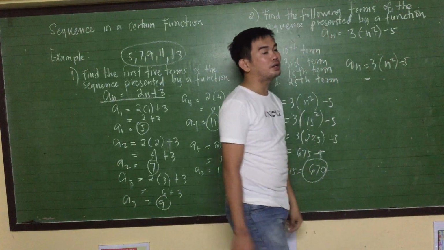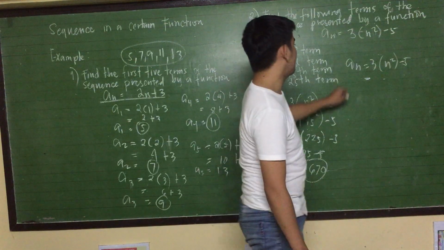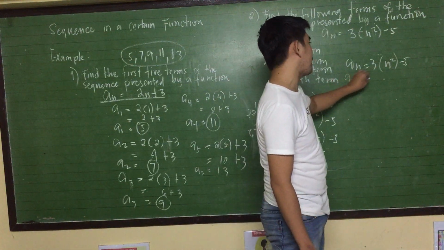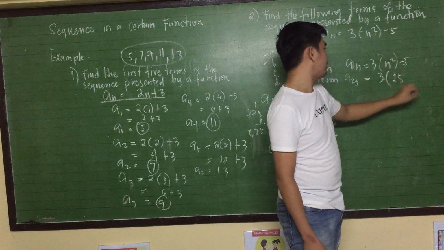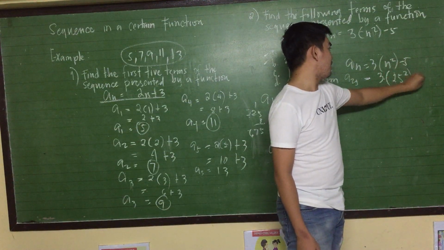If we are looking for the 25th term, then a sub 25 is equal to 3 times 25 raised to 2 minus 5.